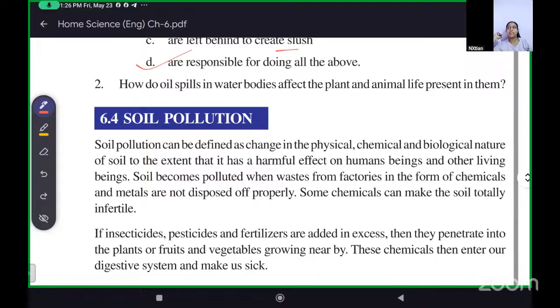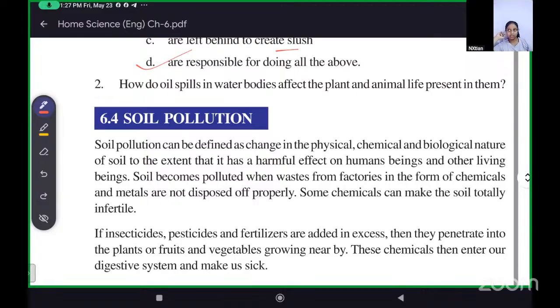It makes the water unfit and contaminates it. When the water is contaminated, the animals living inside the water have difficulty breathing. So all of these reasons affect the plant and animal life present in them.